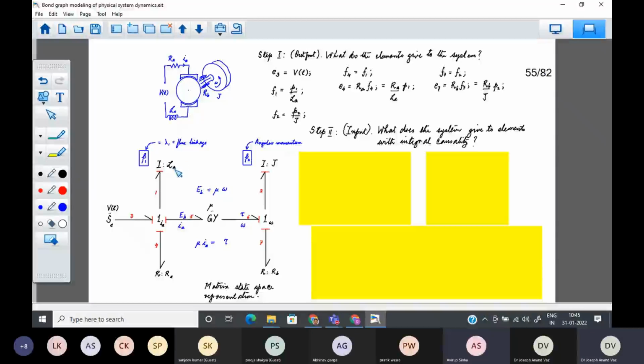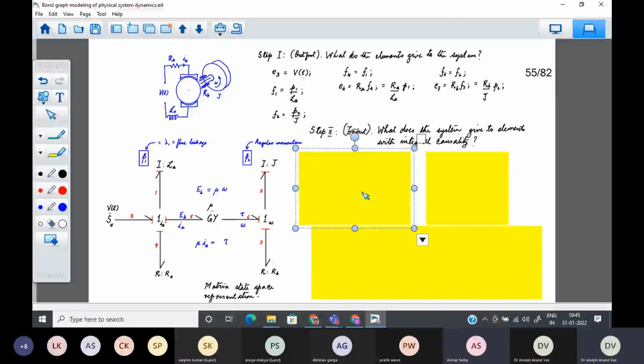We have the state contributed by this one, which is the flux linkage P1, generalized momentum associated with this. We also have the angular momentum, that is P2, that is the angular momentum of this rotor, which is moving with angular velocity omega. It is given by this variable P2.